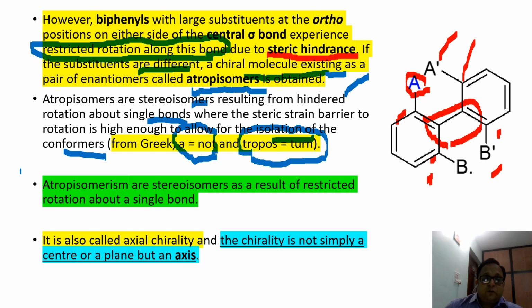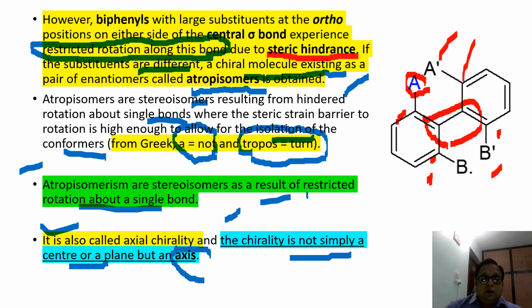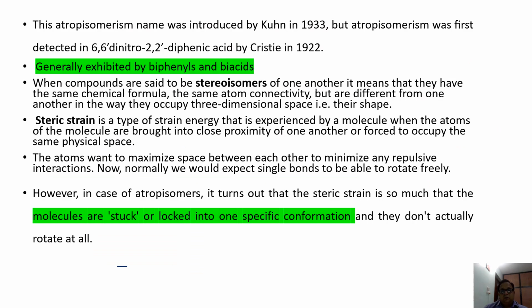Atropisomers are stereoisomers resulting from restricted rotation about a single bond. It is also called axial chirality, as the chirality is not simply about a center or plane but an axis. Because atropisomerism results from chirality around the axis, it is called axial chirality.